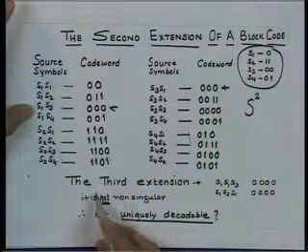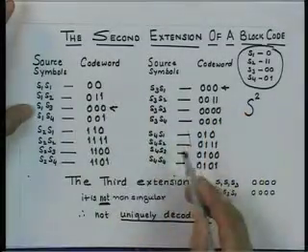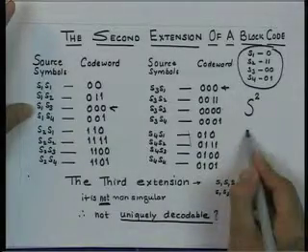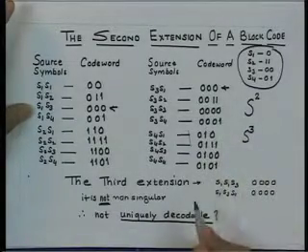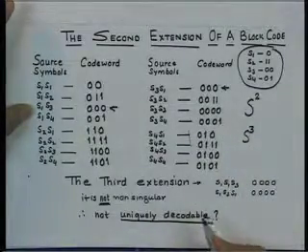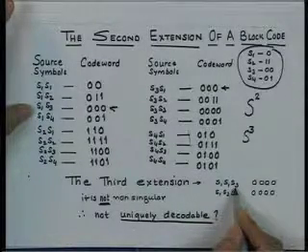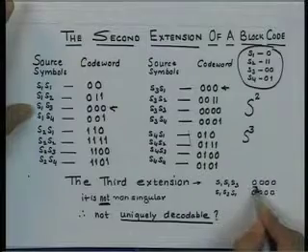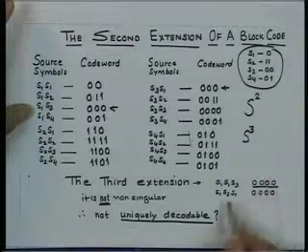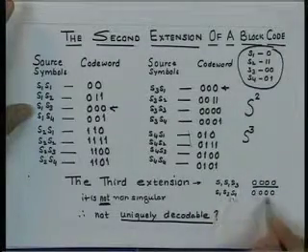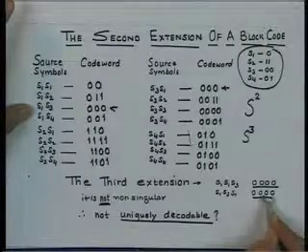Similarly, if you take the third extension of this source, you will have 64 combinations, and in one of the combinations you will get S1, S1, S3, and for that the code word will turn out to be 0, 0, 0, 0, and for S1, S3, S1 it will turn out to be 0, 0, 0, 0.